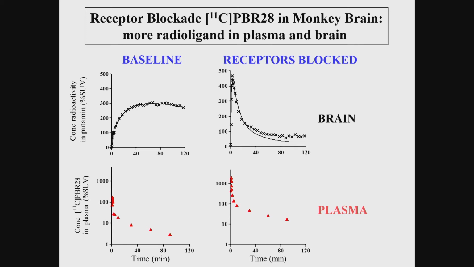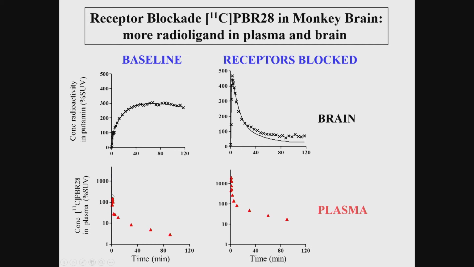So we developed a radioligand, PBR28, that binds to this TSPO. And we evaluated it. And these are the typical sort of curves that I was mentioning to you before in the brain and in the plasma. So this is the concentration of this radioligand in the monkey brain over time. And then this is the concentration of the parent radioligand in arterial plasma.